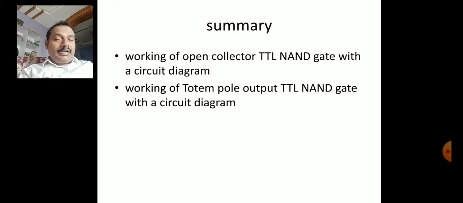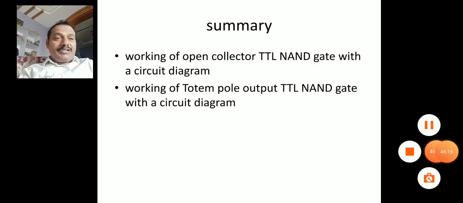The open collector is somewhat slower than the totem pole TTL NAND gate, because of the active pull-up and the always low impedance state of the output stage. The low impedance level gives us a faster response. So that is the additional advantage of this.